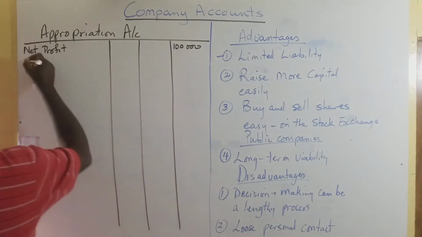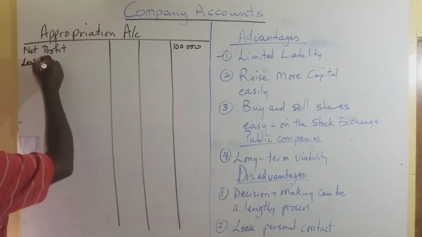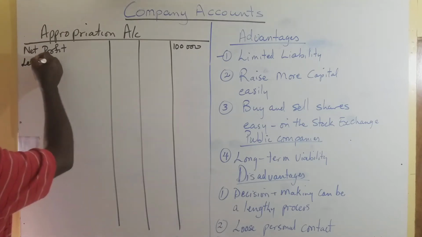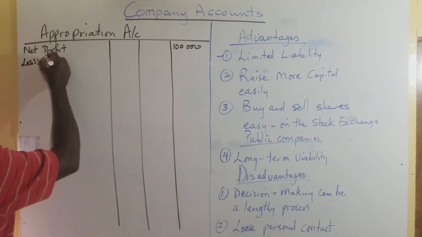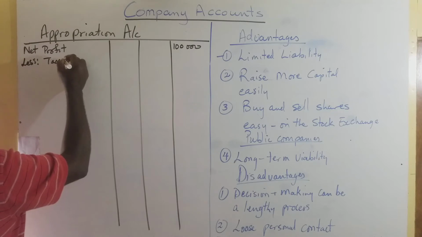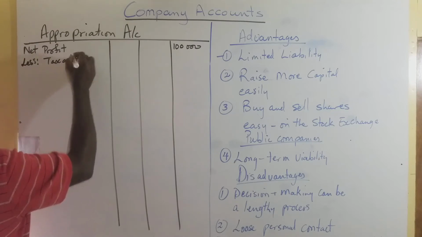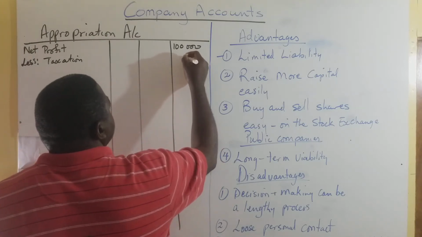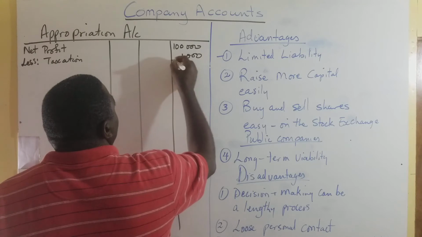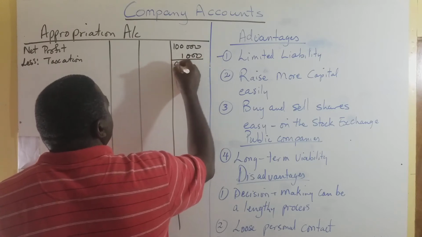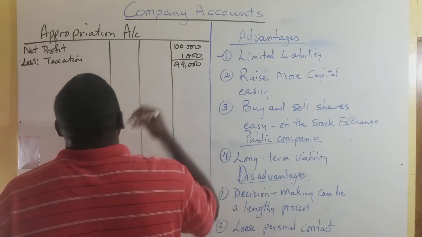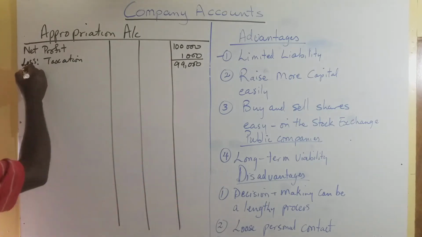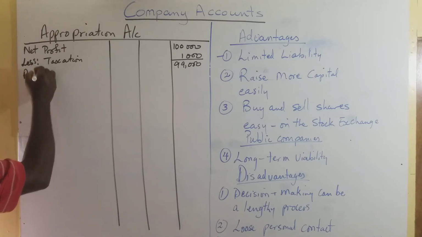This can be done here or down at the bottom, but most times it's done right here. Let's take from the profit less the taxation, and let us say the tax amount is $1,000, and that would leave $99,000.